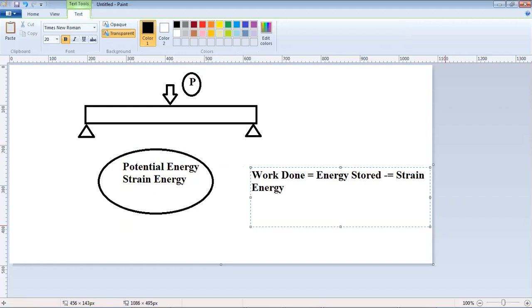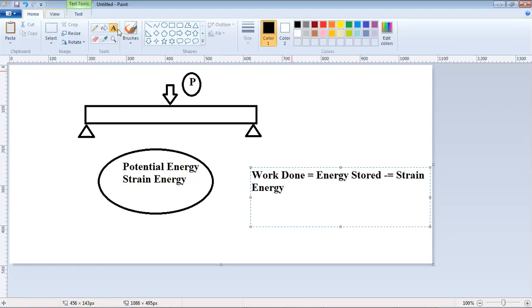Then there is another relationship. What will also happen when you have a load is that this will undergo deformation. Now there will be a slope at the end of this. That slope you can measure here.